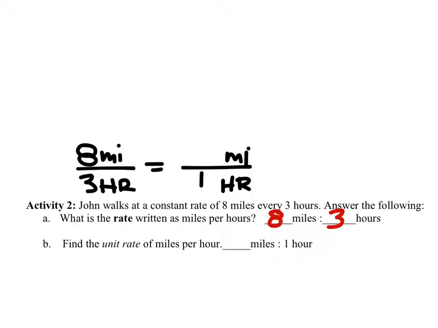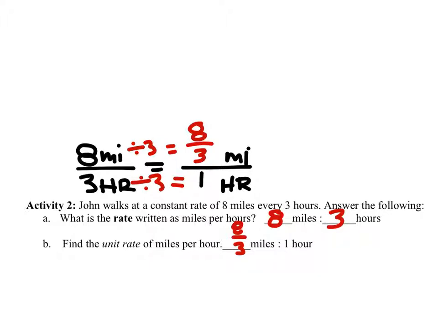What would we do to get the 3 to be a 1? Divide by 3. And what would we do to the 8 miles? Divide by 3. And what do we get? 2.6 repeating. I'm going to write this one as a fraction, so that would be 8/3.